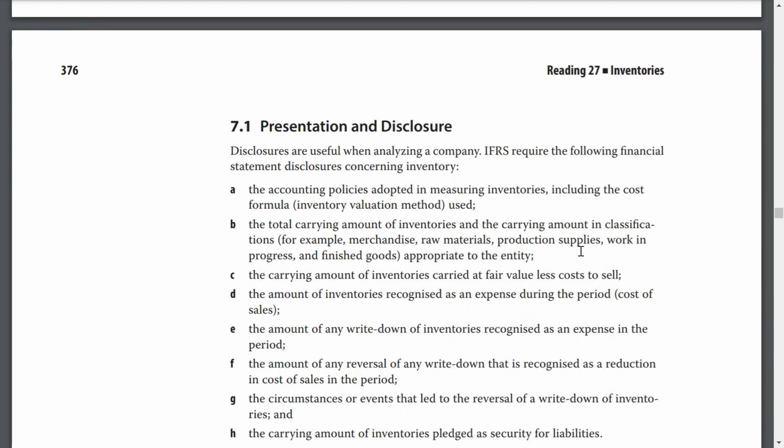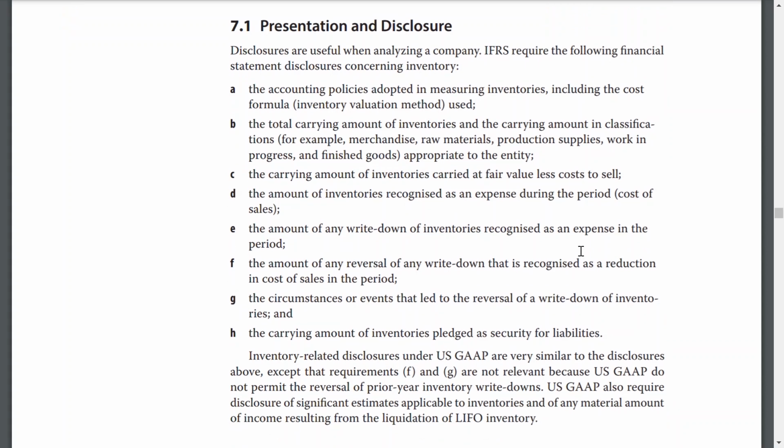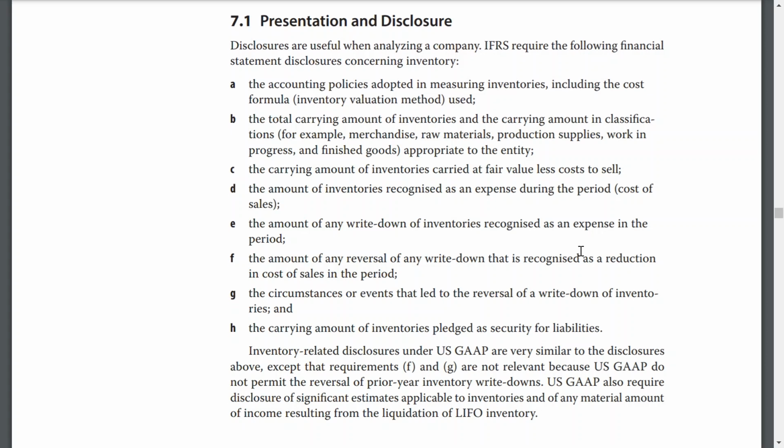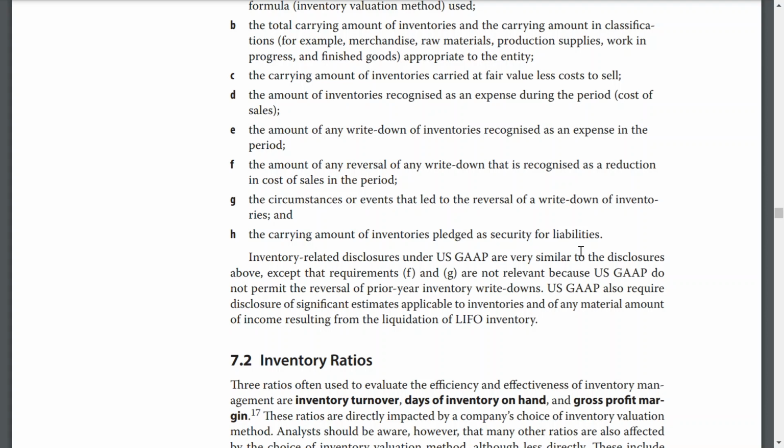IFRS requires the following financial statement disclosures concerning inventory: the accounting policies adopted in measuring inventories, the total carrying amount of inventory and the carrying amount by classification, the carrying amount of inventory carried at fair value less costs to sell, the amount of inventory recognized as an expense, the amount of write-downs of inventory recognized as an expense, the amount of reversal of any write-down that is recognized as a reduction in cost of sales, the circumstances or events that led to reversal of a write-down of inventories, and the carrying amount of inventories pledged as security for liabilities.